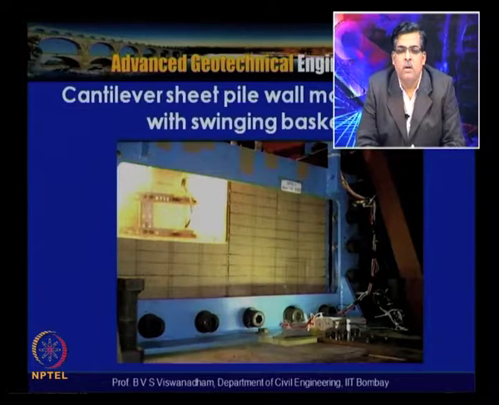So here the perspective view of the model prepared for mounting on the swinging basket of the large beam centrifuge facility available at IIT Bombay is shown. The wall is modelled using a thin aluminum plate having 3 mm thickness, and the sand was fine sand with an average particle size of about 0.15 mm, a poorly graded sand, placed at 55% relative density purposefully to induce large lateral earth pressures.